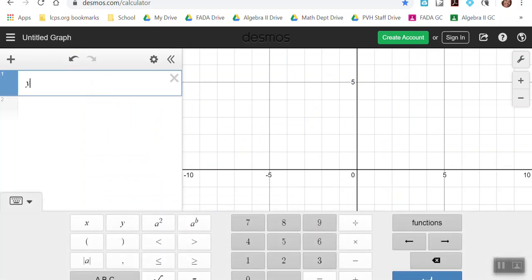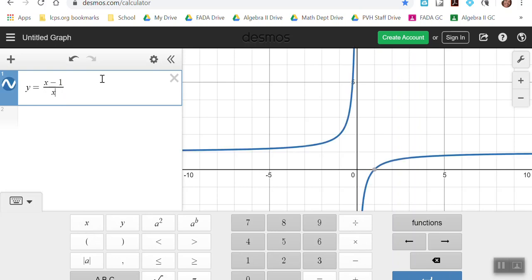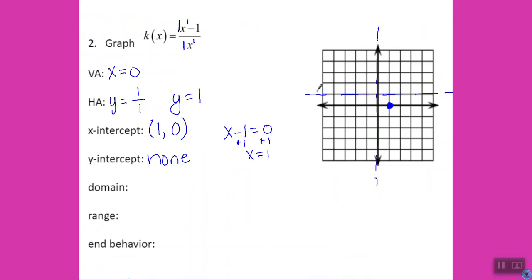So y equals x minus 1 over x. So it looks like that. So we have a curve going up on the left and then going down the right. So we know it goes something like that and like this.